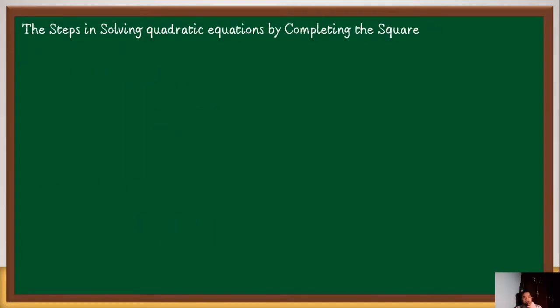Now, let's go to our lesson proper. In this one, I will show you the procedures in solving quadratic equation by completing the square. The first step is you have to divide both sides of the equation by the value of a, then simplify it.